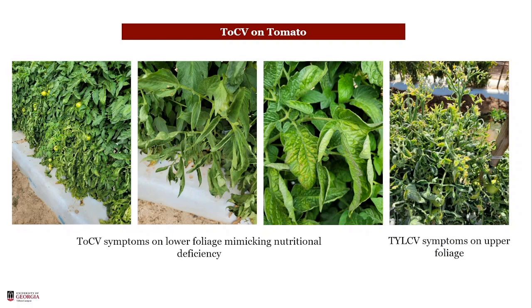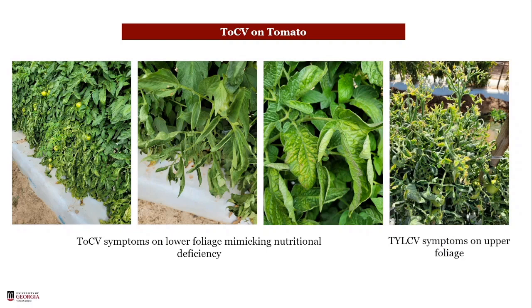At the same time, these symptoms could be due to the heat coming from the reflective mulches. But all these symptoms are associated with the virus. This virus is also transmitted by the same whitefly, so the same whitefly is transmitting both viruses.